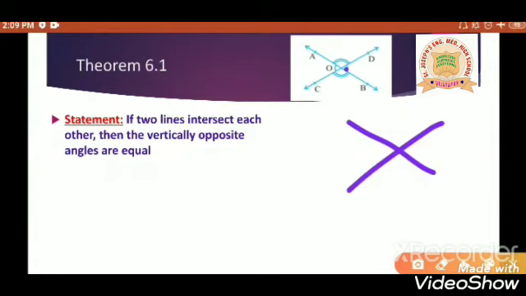So we have to prove that vertically opposite angles are equal: this angle is equal to this angle, meaning AOC is equal to BOD. We have to show at least one; if you show one, it is okay. If you want to show both, you can show both.